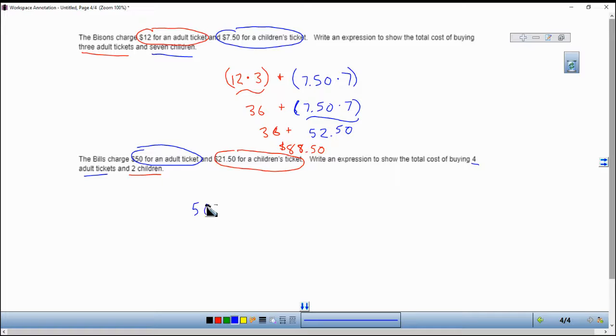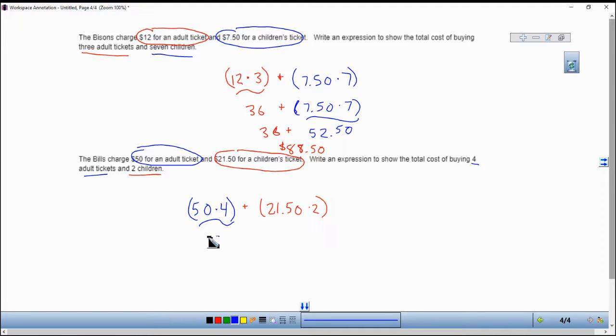How many of those are we buying? We're buying 4. Plus $21.50 for the children's ticket, and we're buying 2 of those. So there's our expression for 4 adult tickets, 2 children's tickets, and let's evaluate it.